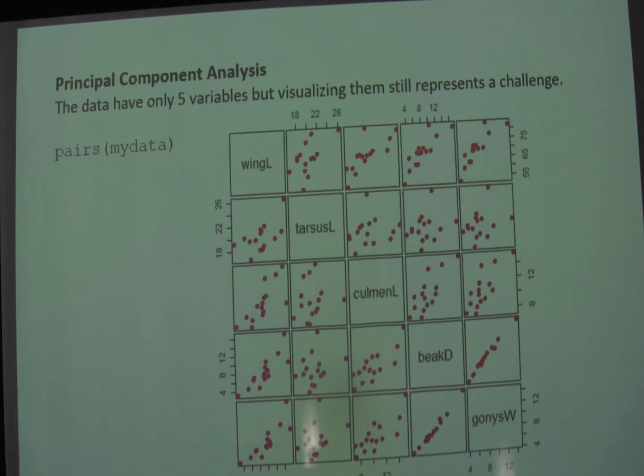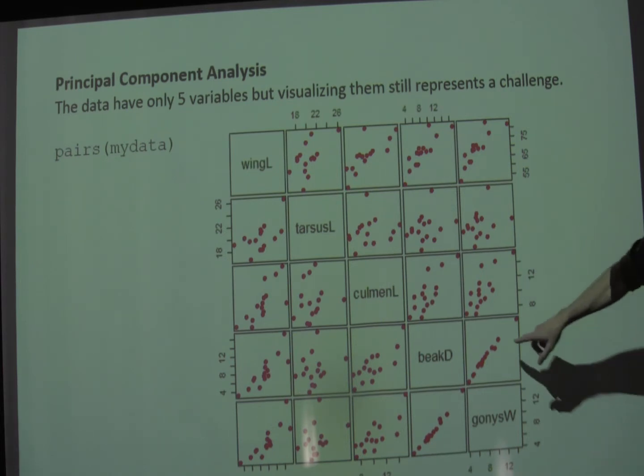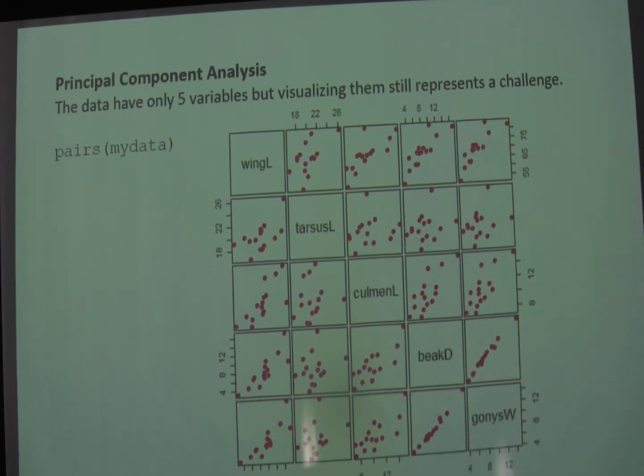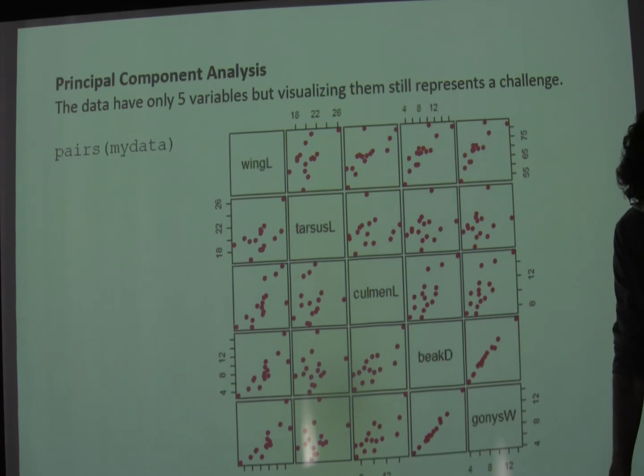We've already used the command pairs, I think, in a previous workshop. So you can see immediately that most traits are correlated with other traits, and that the depth and the width of the beak are pretty much the same trait. The correlation is so strong between them. So we can start to see some of the patterns here. But it's a little bit hard in this space to figure out which species are similar to which other species.